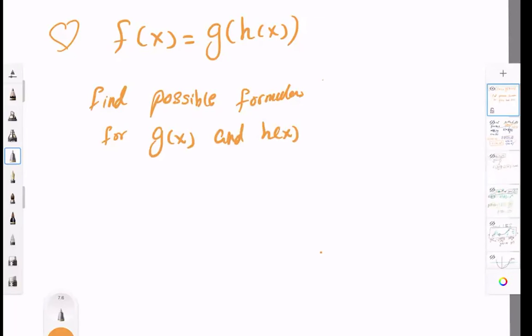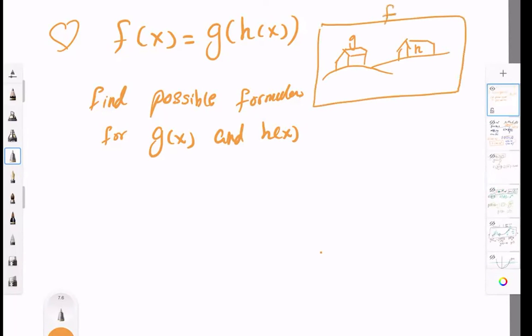So what's happening? There are two functions here. One of them is g, another one is h. And we compose them, we get function f. F of x is radical 1 plus root x. When you compose them, you get radical 1 plus radical x. So what is g of x? What is h of x? What do you think the functions g and h will be here?